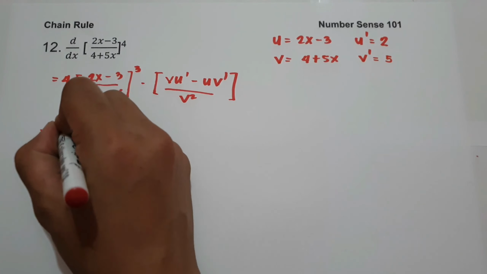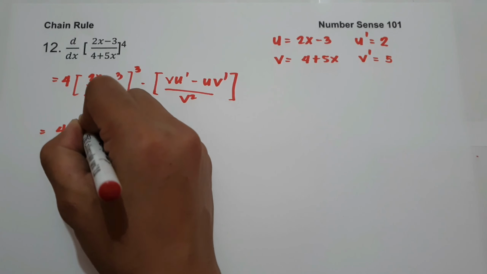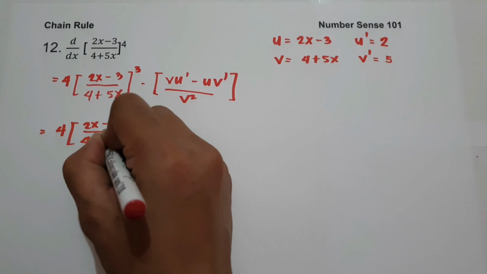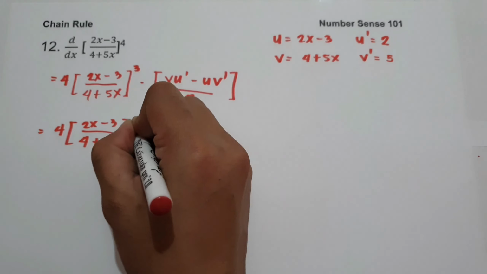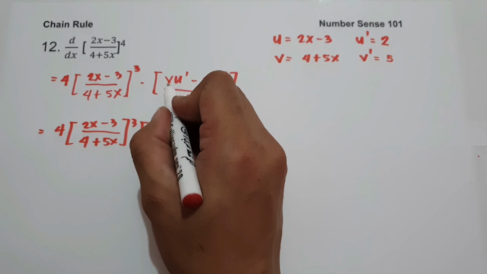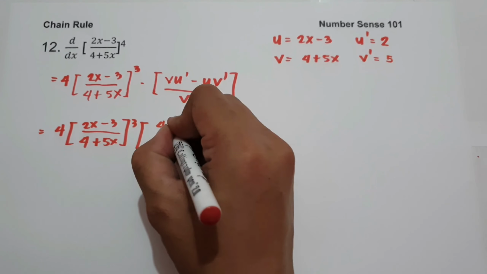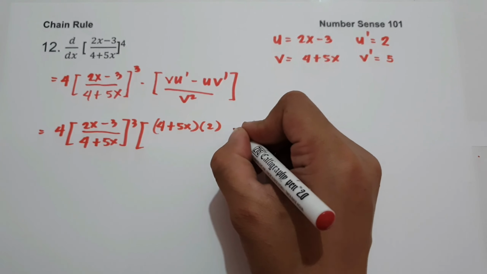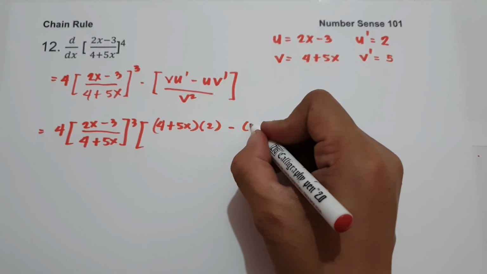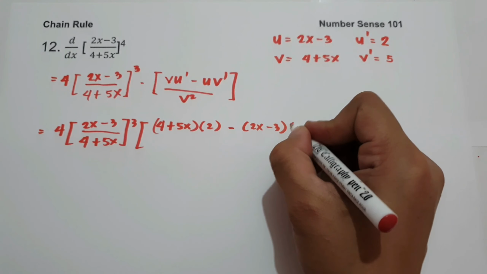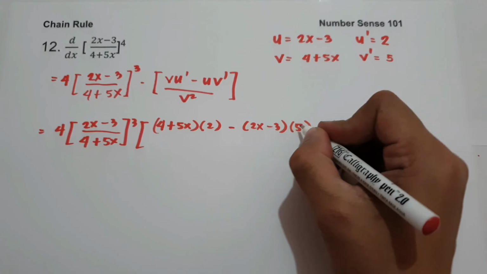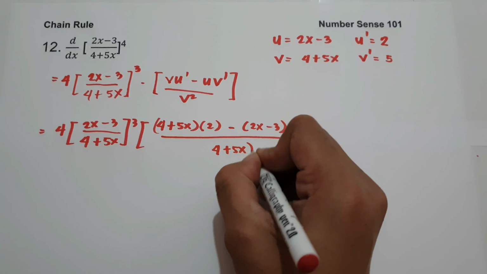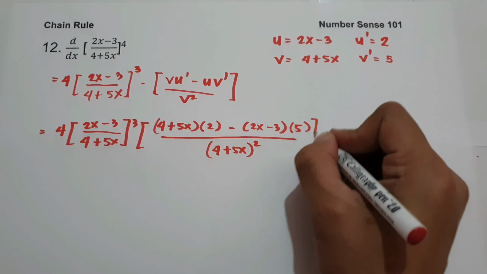We are going to write this one, 4 times 2x minus 3 all over 4 plus 5x raised to 3, multiplied by v, that is 4 plus 5x, and then u prime, that is 2, minus u, that is 2x minus 3, times v prime, that is 5, all over v, that is 4 plus 5x squared.